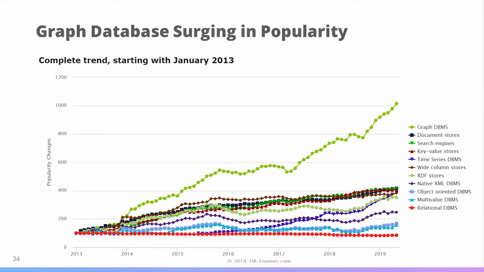The popularity is surging right now. We use DB Engines, which is a database tracking environment that declares what's happening in the database space. Since we started tracking this ourselves on May 1st, at the turn of the month now, there's the big green line, which is the graph line. This is a popularity contest.